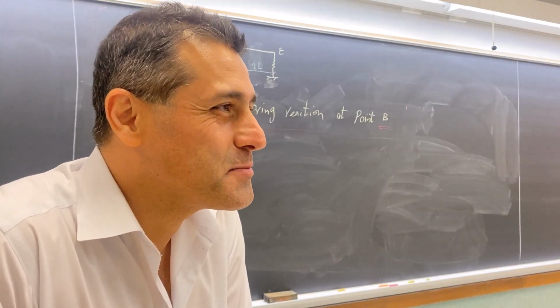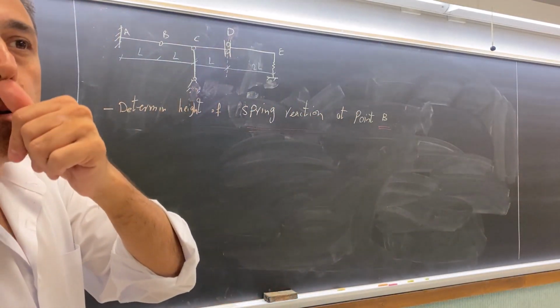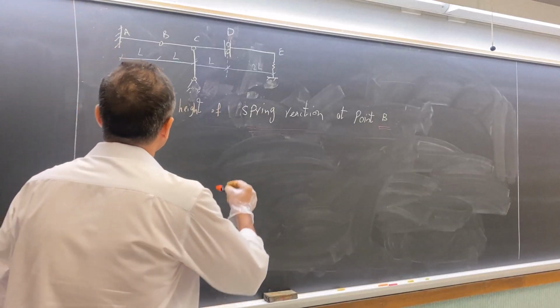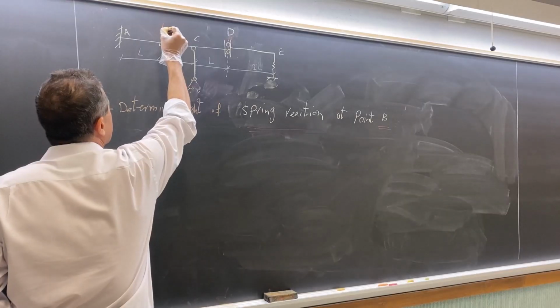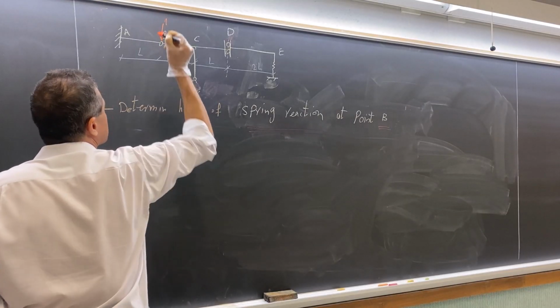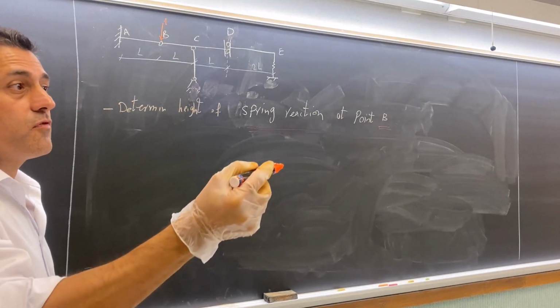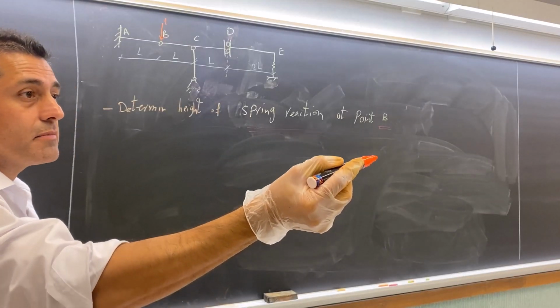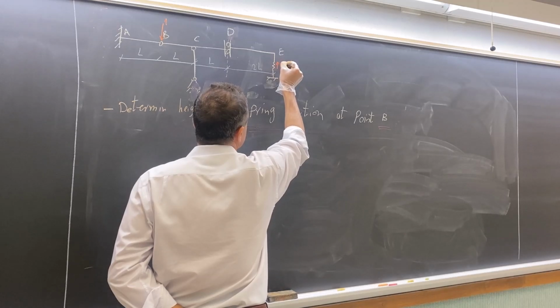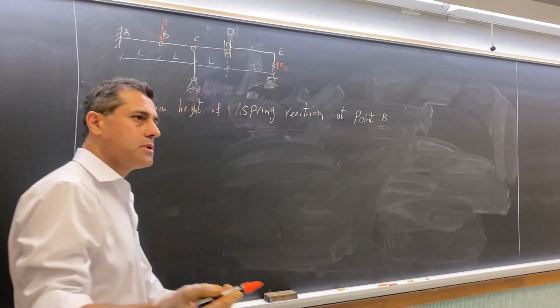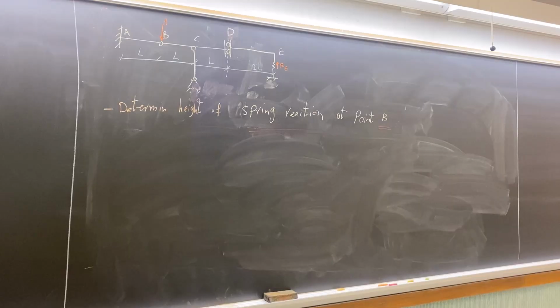Okay, any question? So basically we have to place it at point B. And then what do we need to find, Clement? RE. Yeah, basically this one, the reaction in your spring. Yeah, that's it.